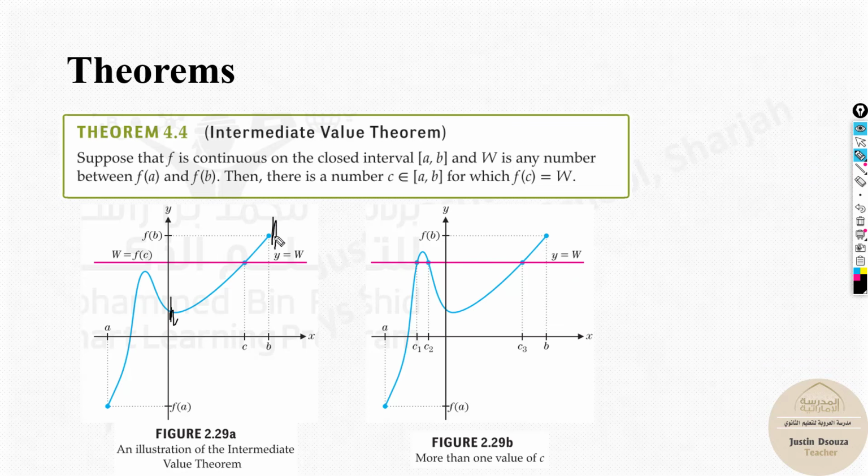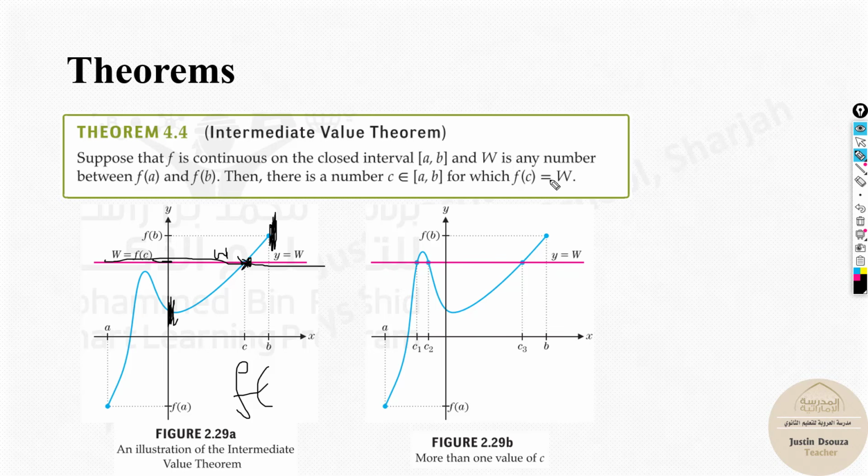If w is any number in between the values at a and b, then there will be a point in between a and b.